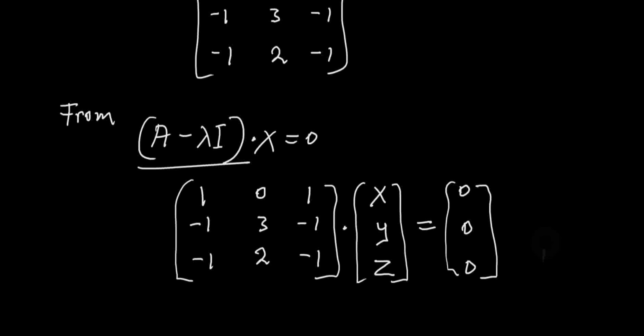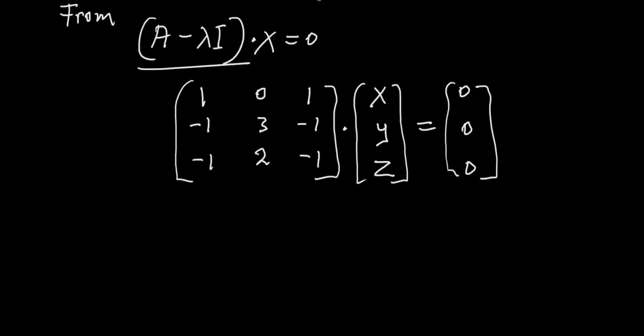So put this in parentheses. Now we can write this as a system of equations. This is row 1, row 2, and row 3.